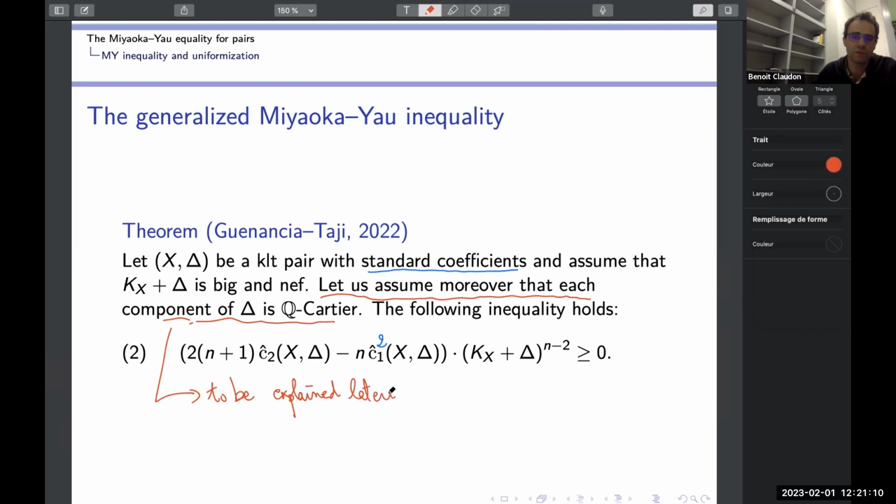But of course, if you don't want to put that assumption, you can always assume that X is Q factorial also. It's another way to phrase this assumption.